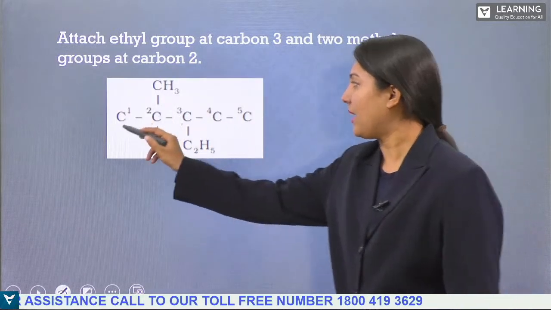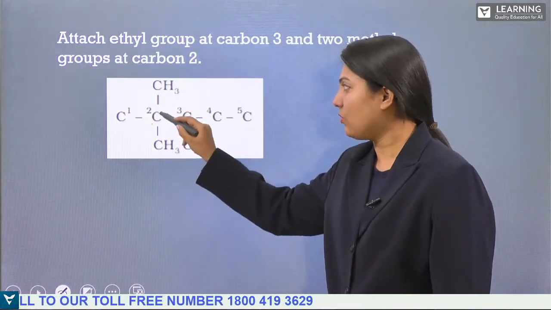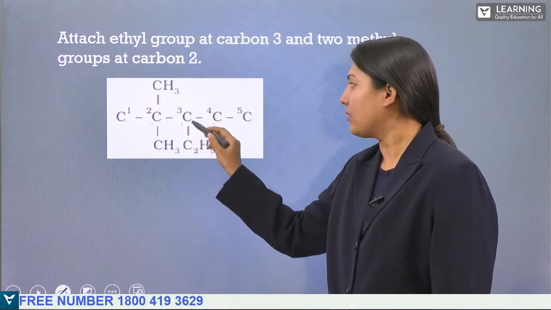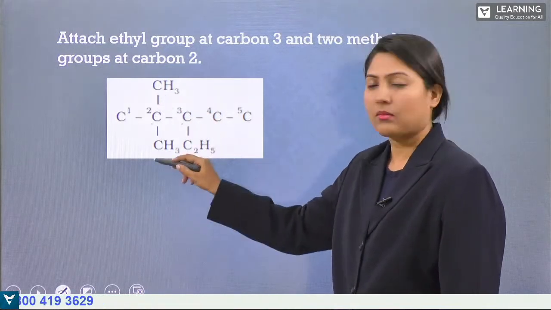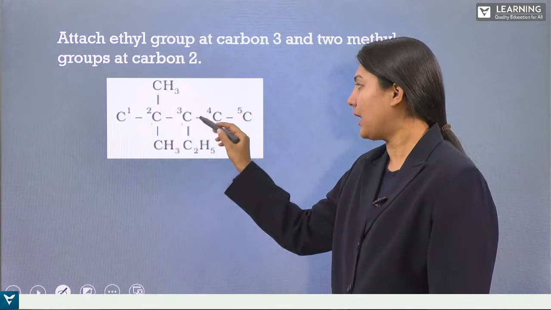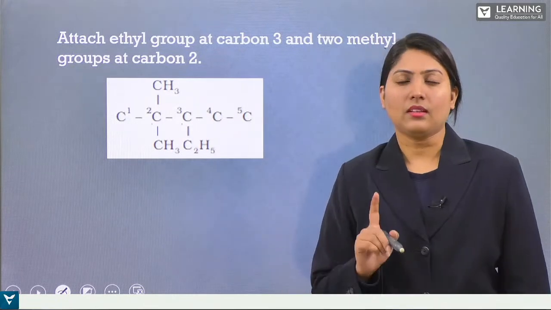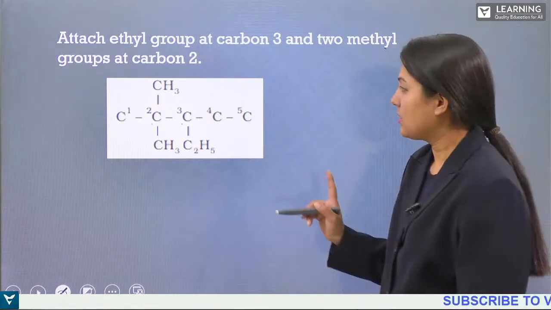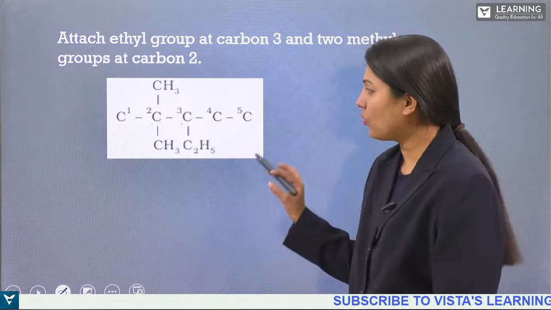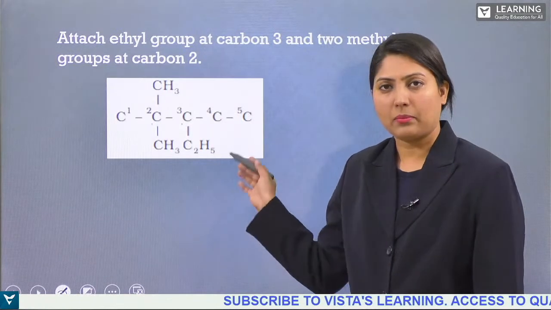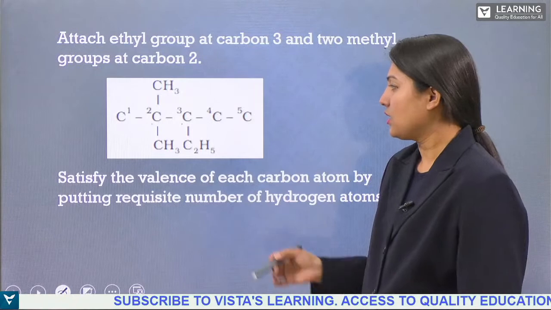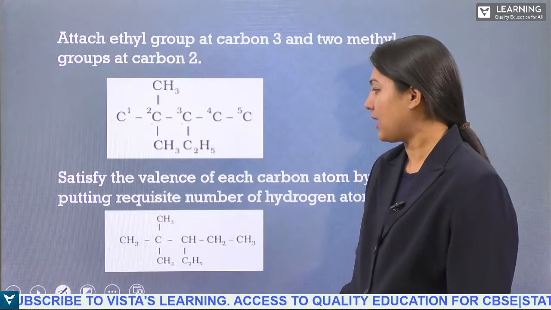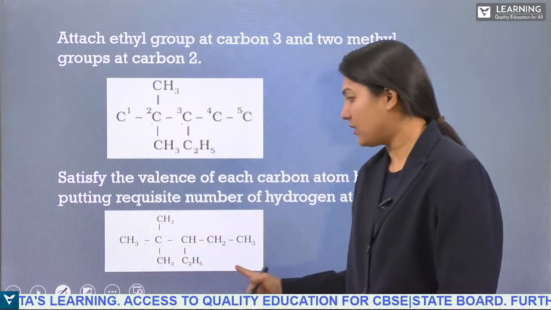So here we have 5 carbon atoms. At the second carbon we have 2 methyl groups and 1 ethyl group at the third carbon atom. So if this is the structure, what might be the name, students? So satisfy the hydrogen atoms as we did here, and we get this structure.